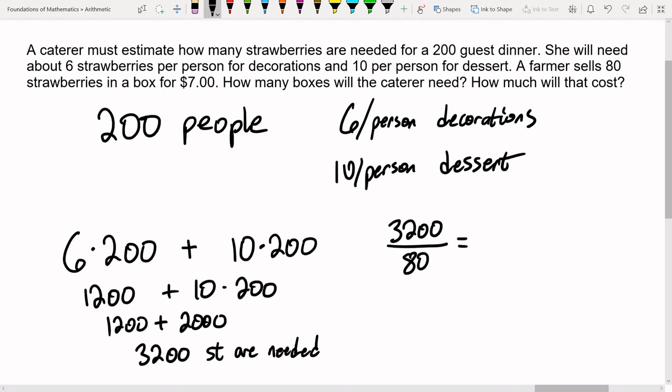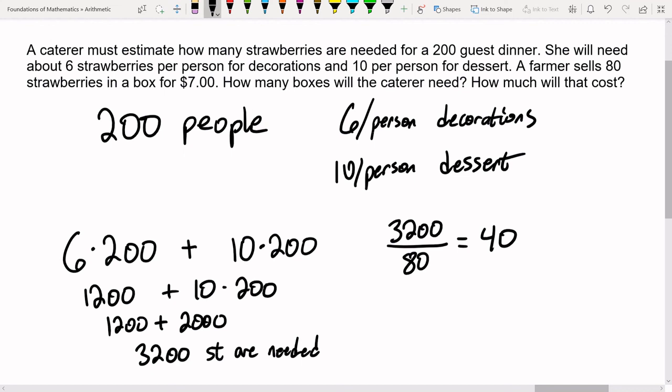So if you're not sure, you can do that on a calculator. 3,200 divided by 80 gives us 40. We need 40 boxes at 80 each to cover how many strawberries we need for this dinner that the caterer is catering. To make sure, you can always do 40 times 80, and that'll give you 3,200.